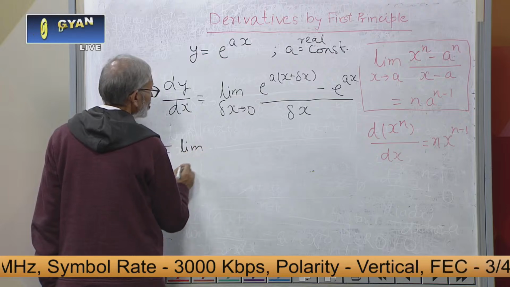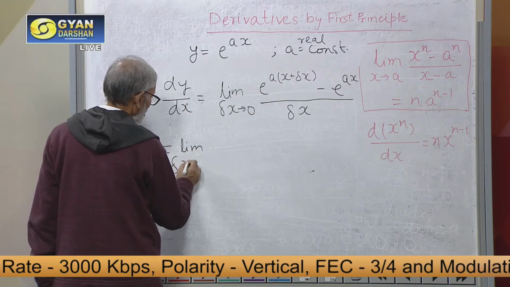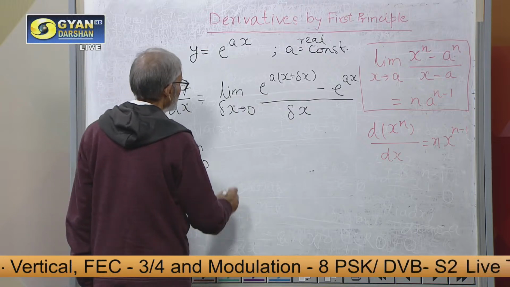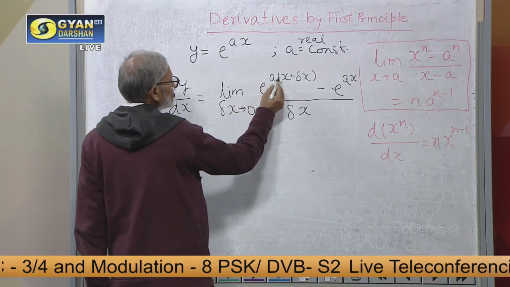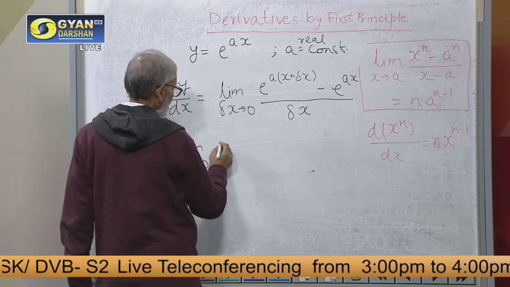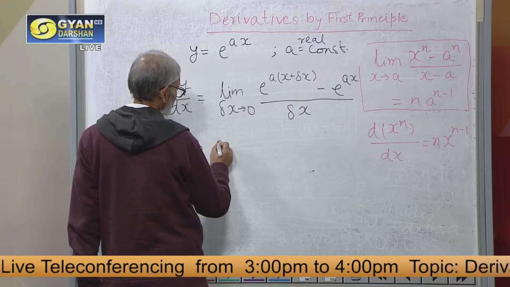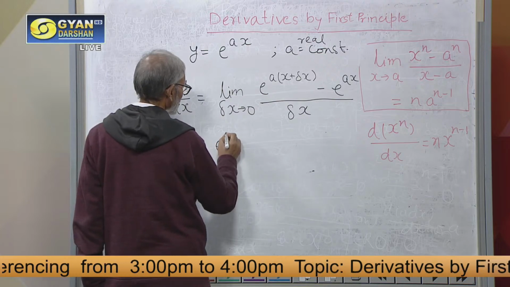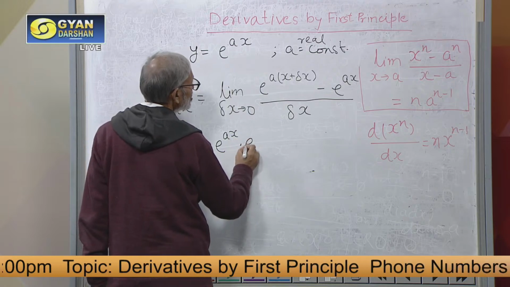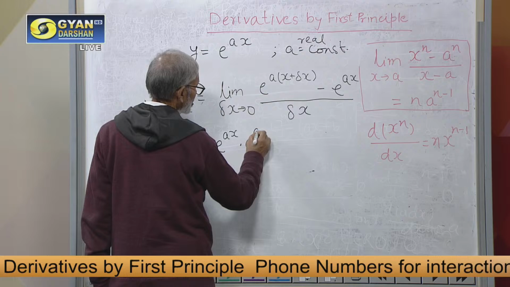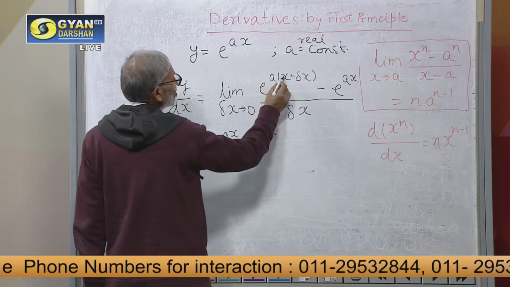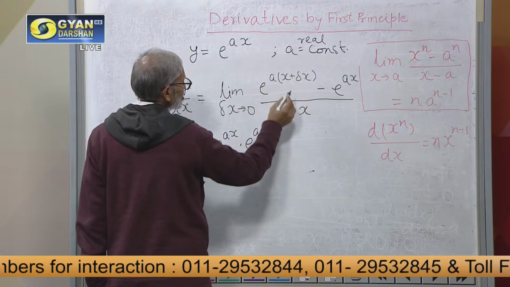So, this will be equal to limit delta x tends to 0, and you know in the power, if there is a sum, we can write it as e to the power a x multiplied by e to the power a delta x, because these two terms are a x plus a delta x.